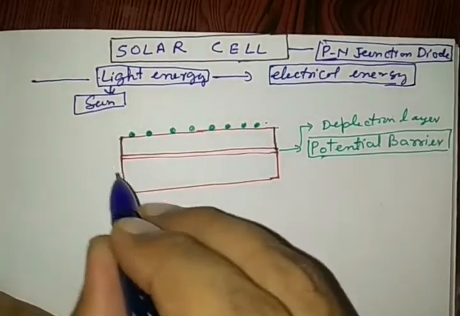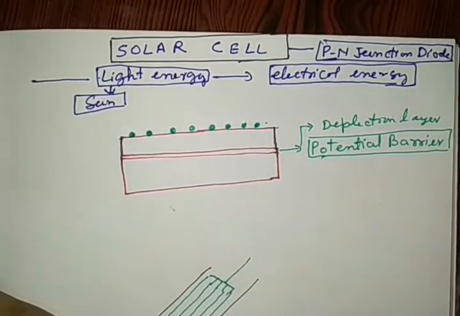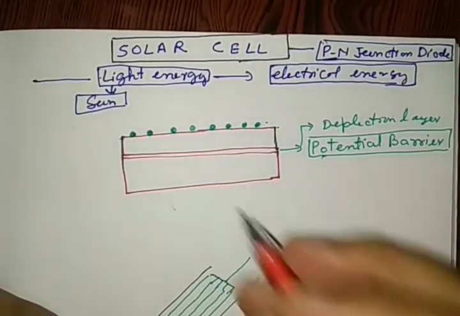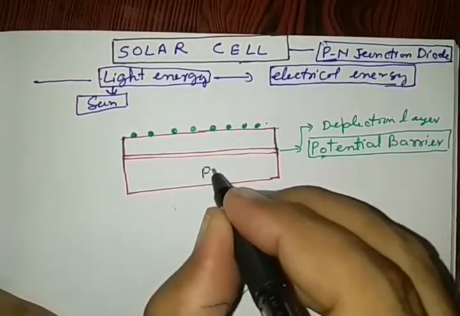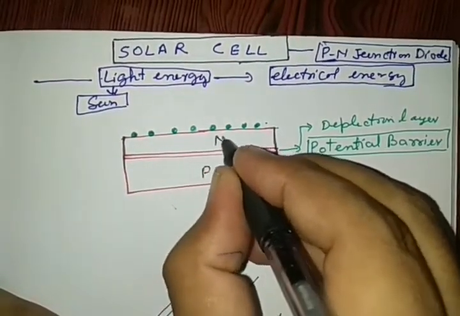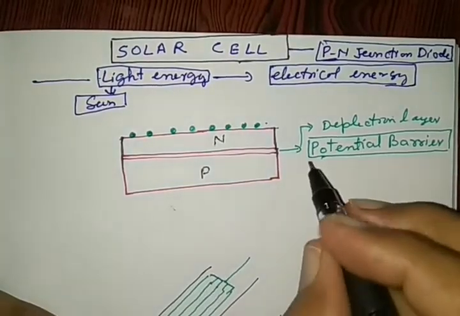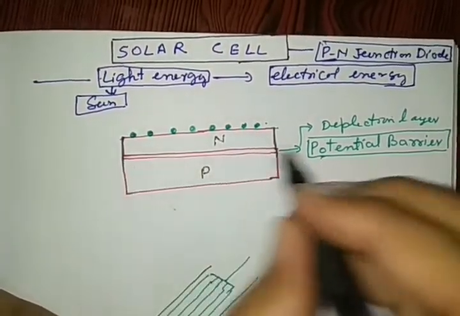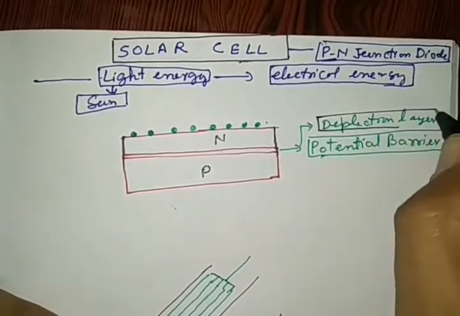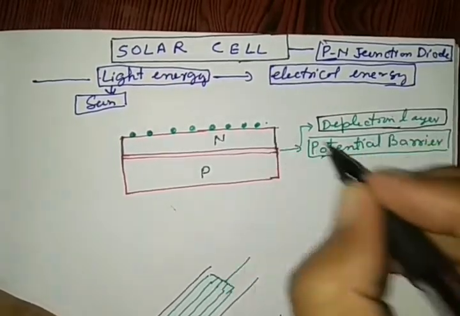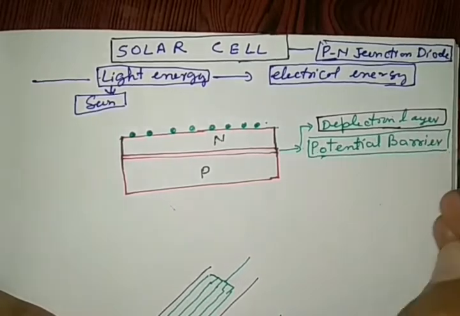See, in this PN junction diode, there are two types of semiconductors. See very carefully. It is P type semiconductor, N type semiconductor. The gap between both is called the depletion layer, or this depletion layer is also called the potential barrier. It has a resistance.